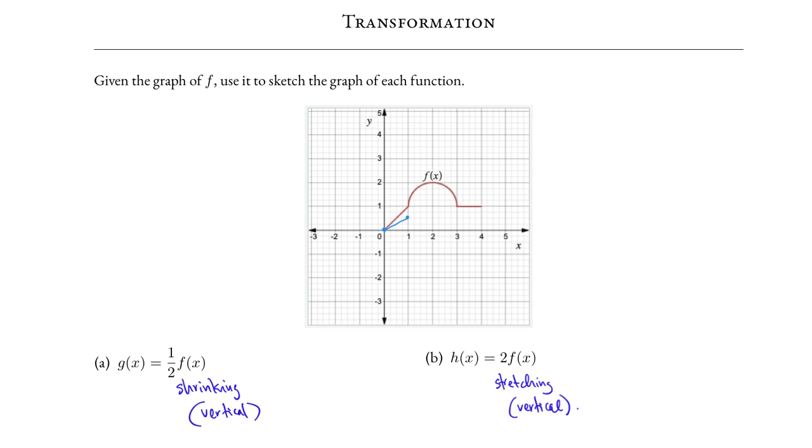When x equals 2, f of 2 is 2, and half of 2 is 1. When x equals 3, f of 3 is 1, and we need half of it. And when x equals 4, f of 4 is 1, so we again need half of it.